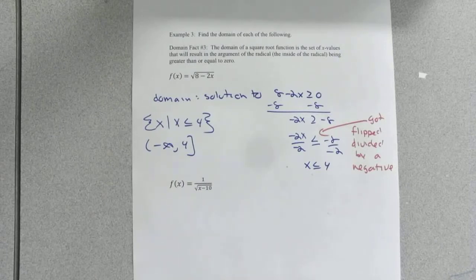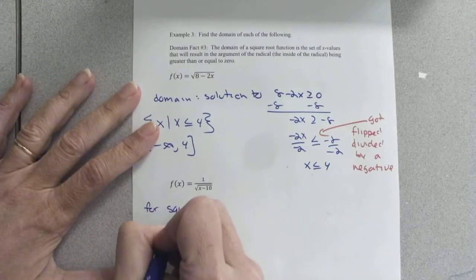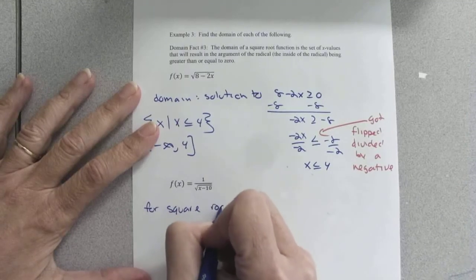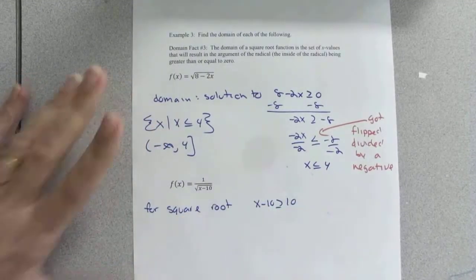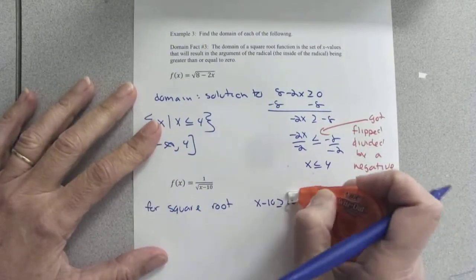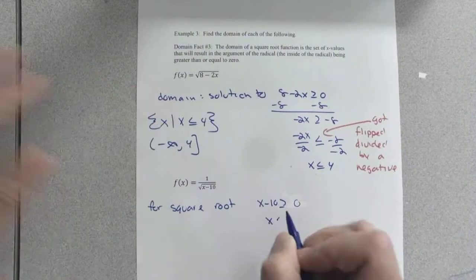Okay, last domain problem. 1 over the square root of x minus 10. So I've got two things going on here. For the square root, I need this. I need the inside, the radicand, the argument, greater than or equal to 0.